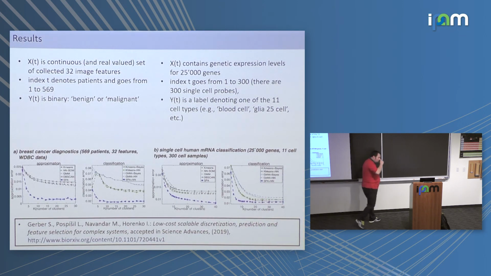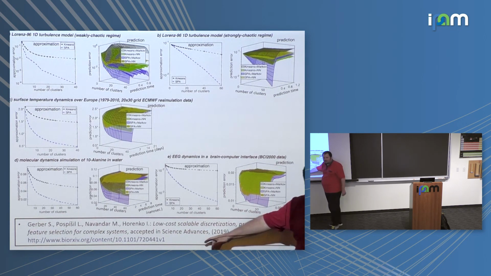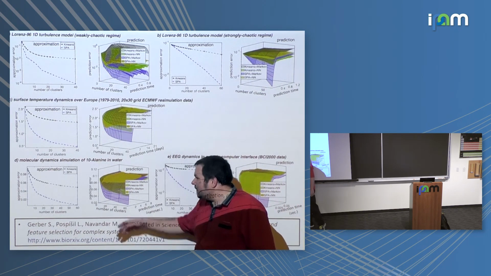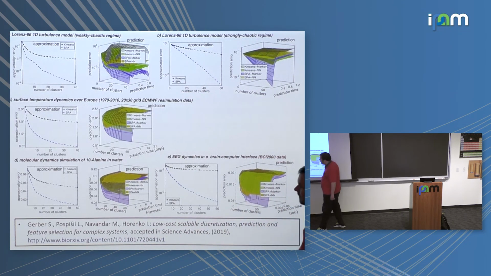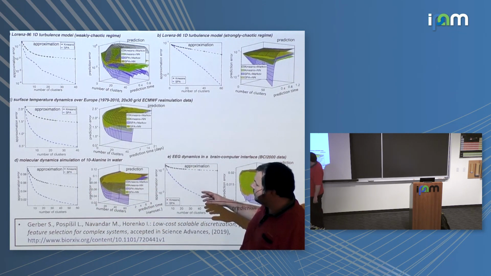We also tried to apply this simple idea to time series. Here you cannot see the results because the figures are very small. Please read the paper if you are interested in the results. In the paper, there are all the parameters of our simulations and so on.